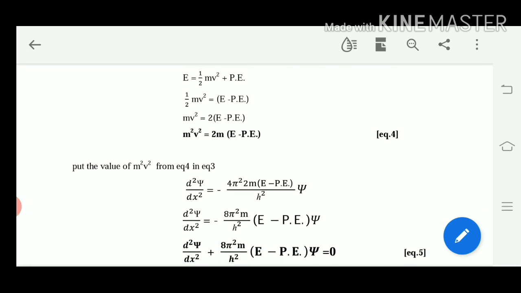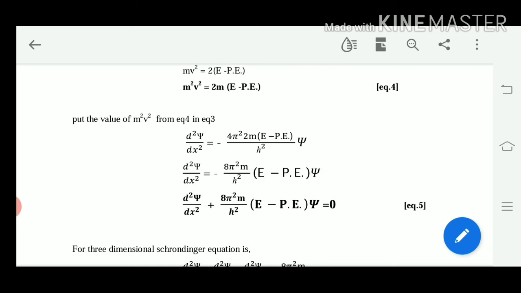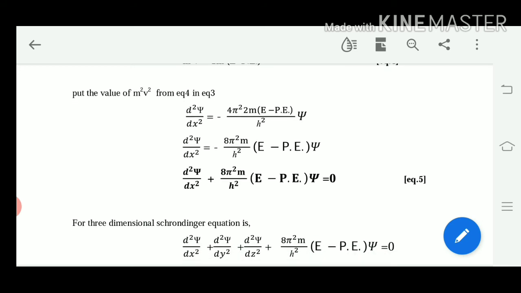So dou square psi upon dou x square is equal to 8 pi square m by h square into E minus PE into psi. Rearranging this equation, we get dou square psi upon dou x square plus 8 pi square m by h square into E minus PE into psi is equal to 0. This is the one-dimensional Schrödinger wave equation.